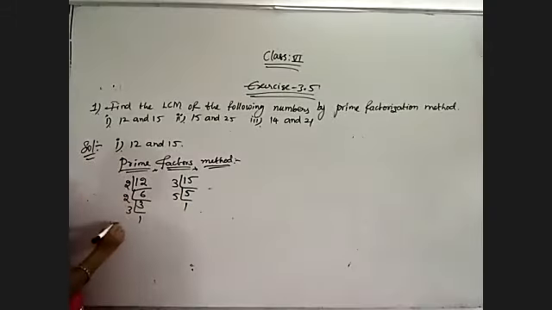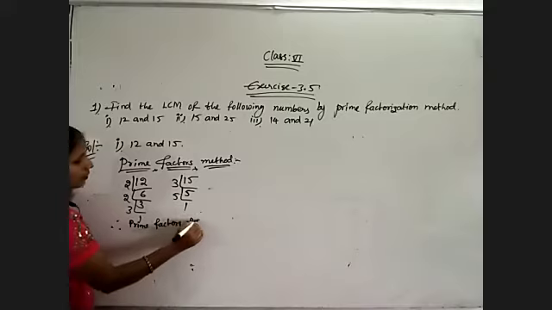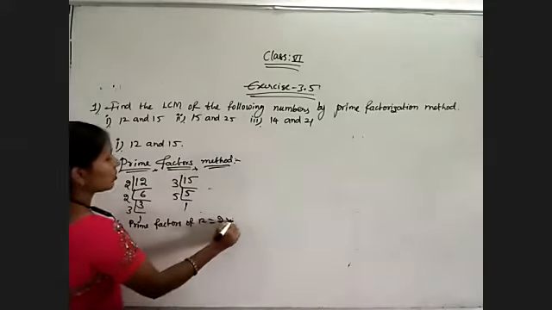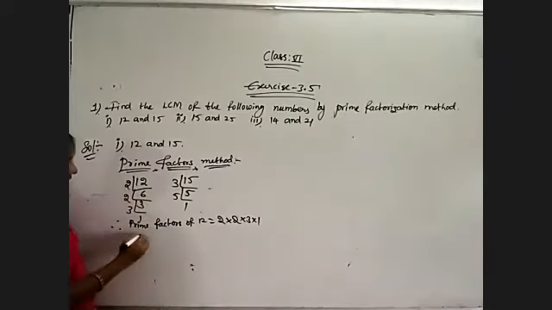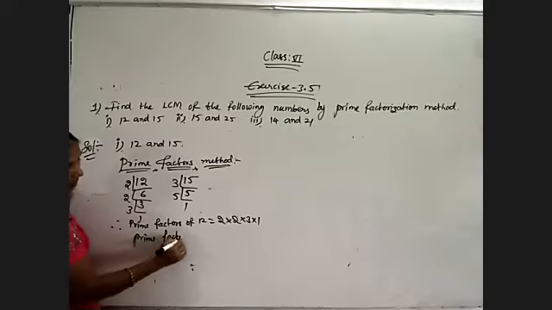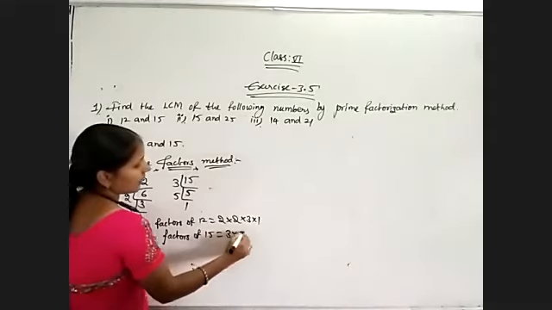So therefore, prime factors of 12 is equal to 2 into 2 into 3 into 1, prime factorization. Then prime factors of 15 is equal to 3 into 5 into 1.